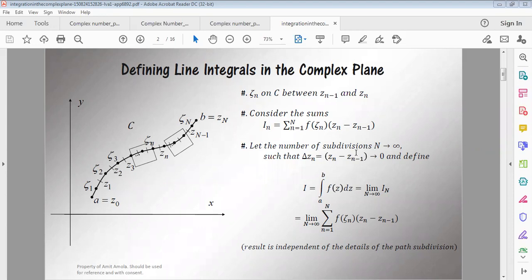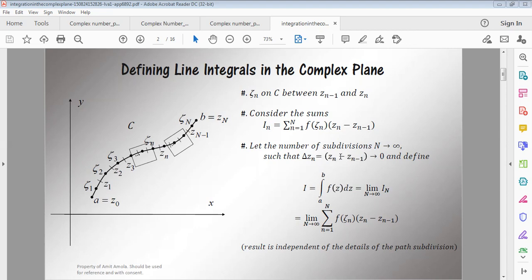Okay, let the number of subdivisions n tend to infinity. We don't know the total number of n, so let us consider that it tends to infinity. We have to sum up an infinite number of lengths, an infinite number of points. We have to join infinite number of points, then take the summation of that, such that delta zn equals zn minus zn minus 1 tends to 0, very negligible.